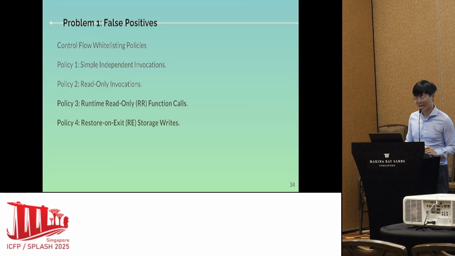For restore on exit, we record the storage slots that got changed and see if at the end they get reset back to their original value. In that case, we do not make it non-runtime read only.